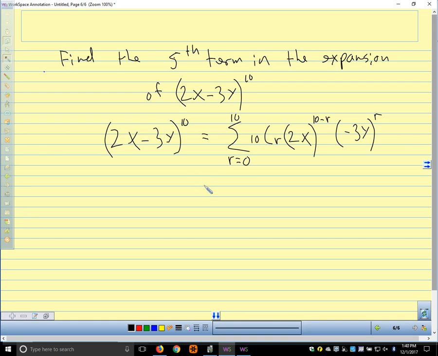What value of r gives us the fifth term? Because we're starting at 0, 0 is the first term, 1 is the second term. So 4, right? Because we're starting at 0. So the fifth term is when r equals 4.